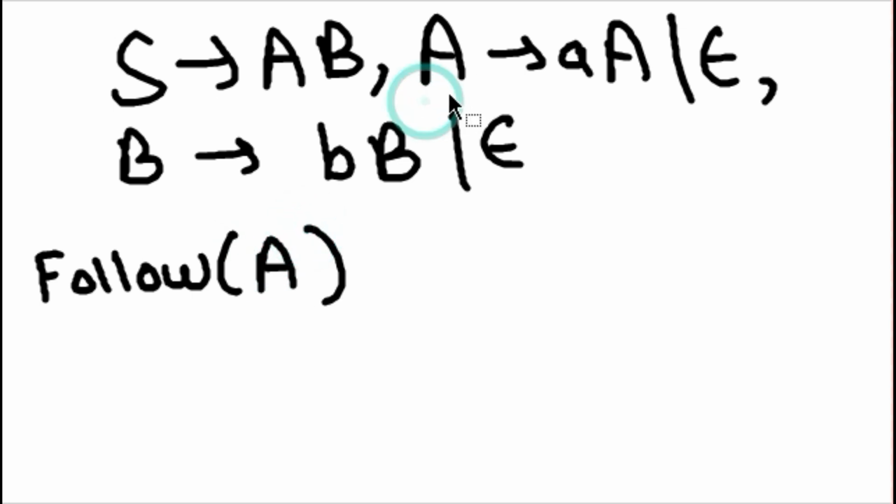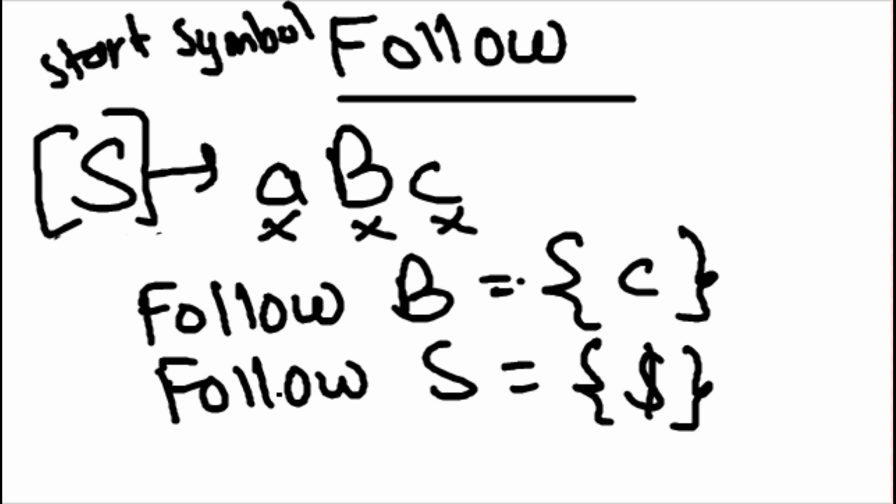You don't have to look at the left side, you only have to look at the right side. In this case, you can see that after A there is no terminal symbol, because after B there was a terminal symbol.